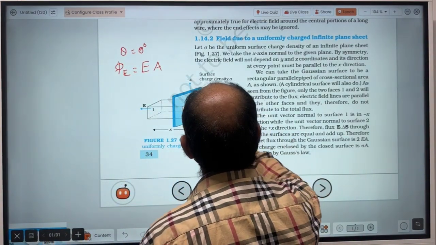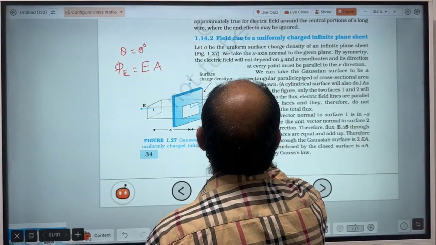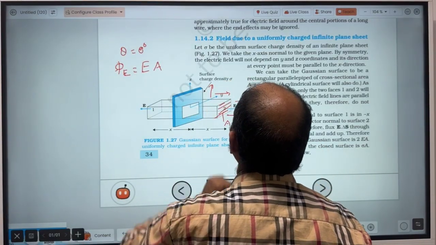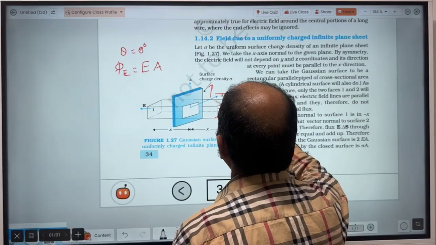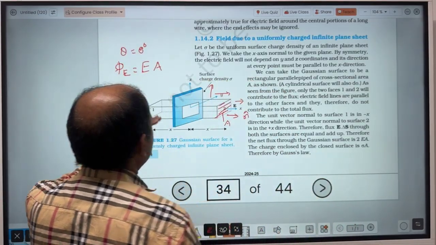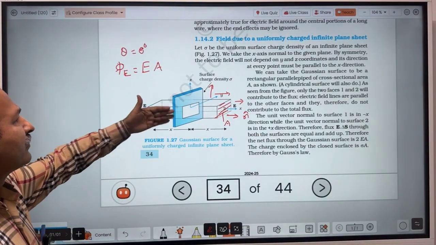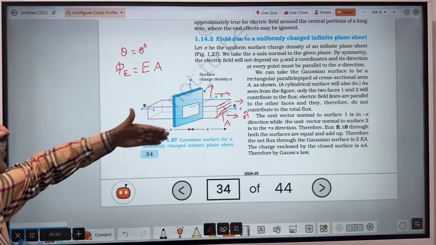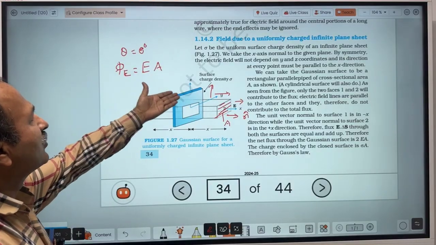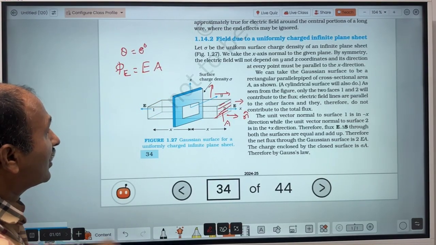If you consider this face, the electric field will be in this direction, but the area vector will be in this direction. So it will make an angle of 90 degrees, so no flux. Similarly, from the lower face the same will happen. The face facing you will also have no contribution to the flux, and similarly the opposite face will also have no contribution.